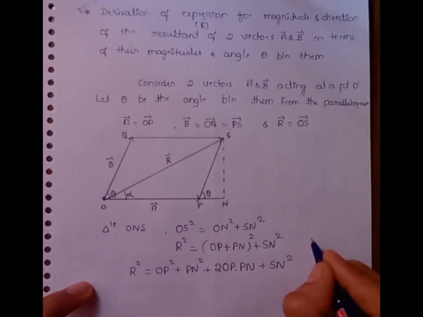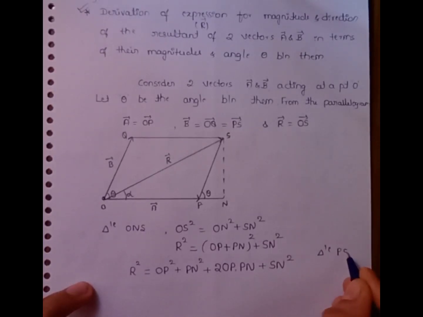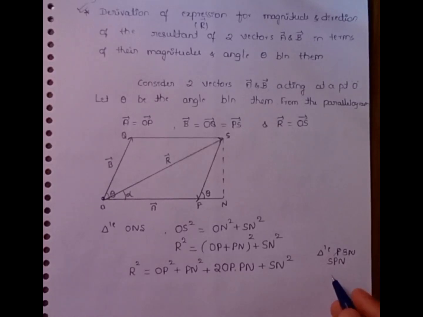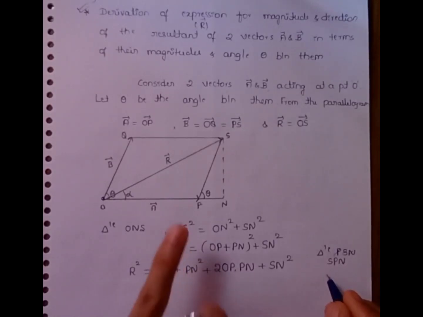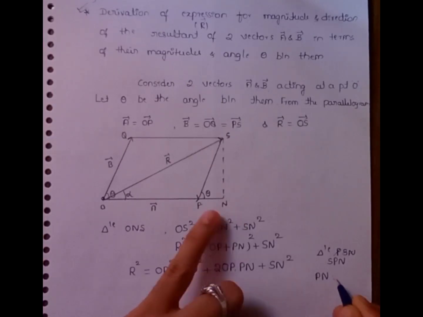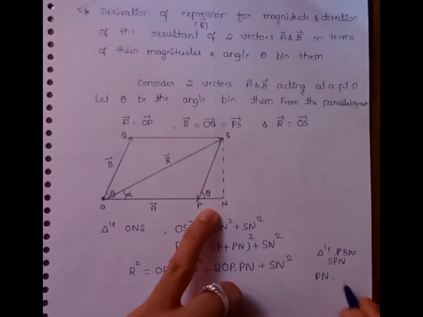Now just consider one triangle, the SPN triangle. From this SPN triangle we can write the value of PN. That is the adjacent side, so for the adjacent side we have to apply cos theta.